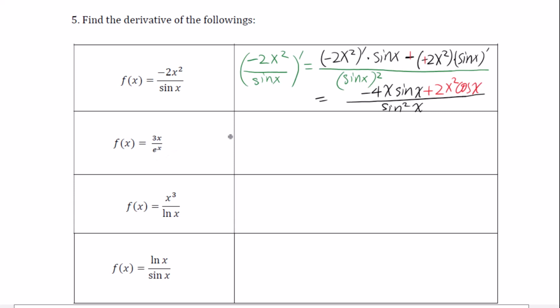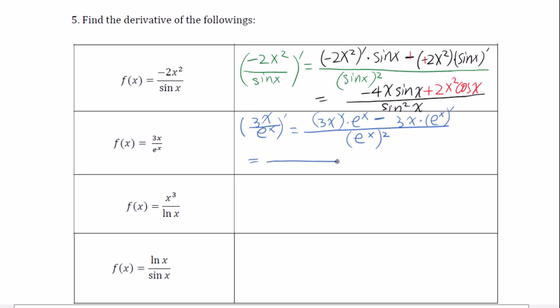For the next question, 3x over e to the x power, prime, equals e to the x power squared in the denominator. Then 3x prime times e to the x power minus, switch the derivative, 3x times the derivative of e to the x power.